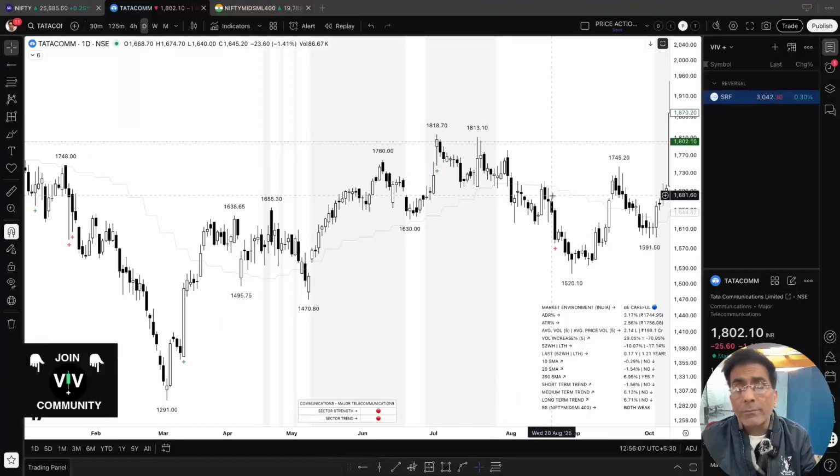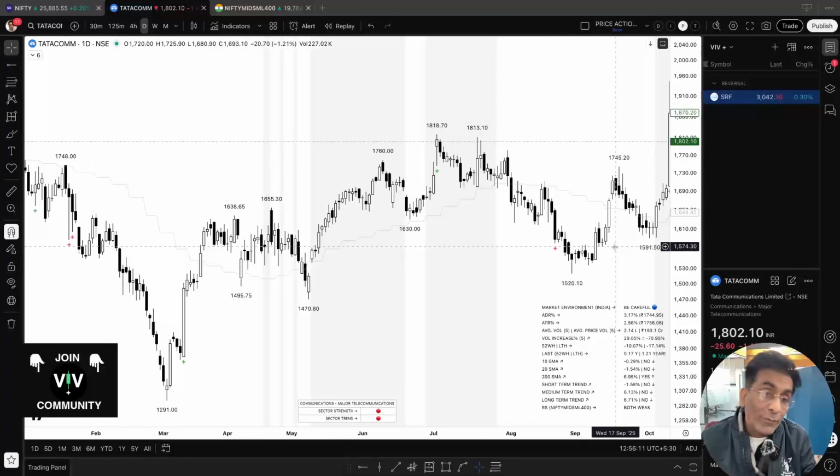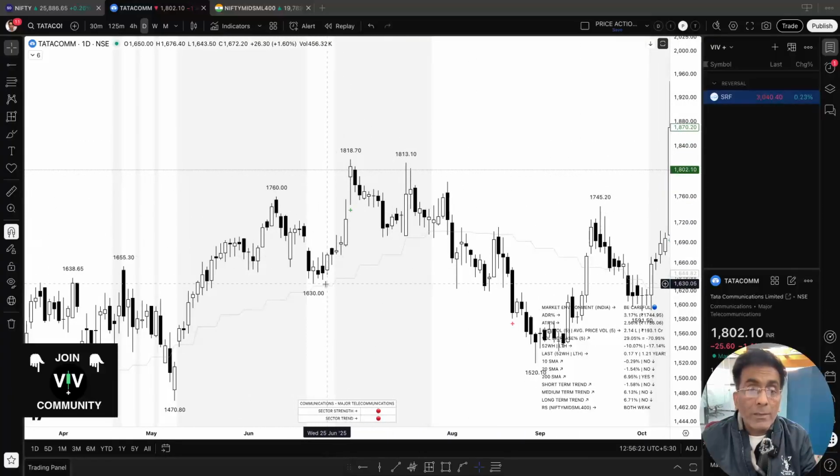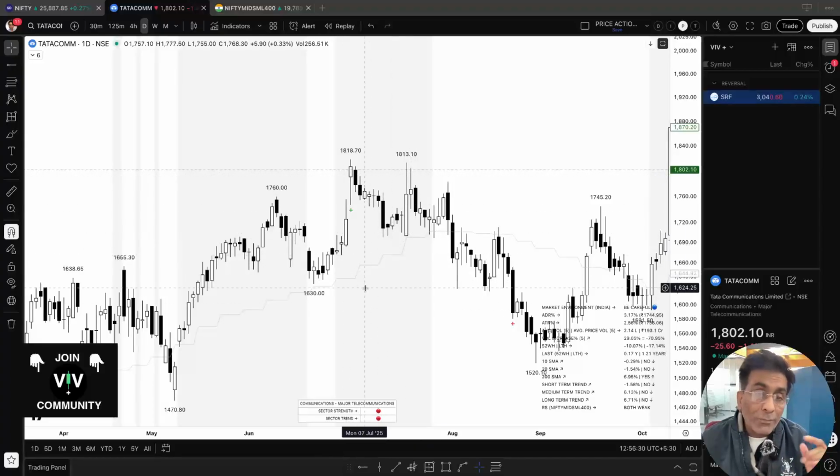No doubt the system can get positive and fail also, but that is not the priority. The priority is to find high probability trades. Like here you can see this was positive, but price was far away from the 10-week moving average, so we are not buying it.